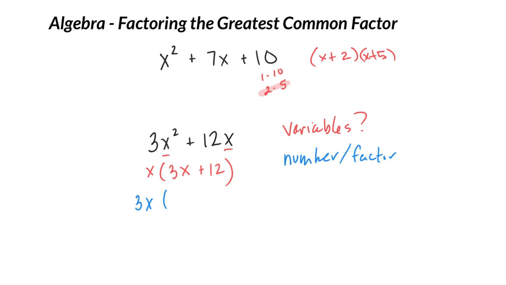So 3 divided by 3 is just 1x, and 12 divided by 3 is 4. And again, I like to check: if I distributed, 3x times 1x is 3x squared, 3x times 4 is 12x, and I have not changed the value. This is my factored form.